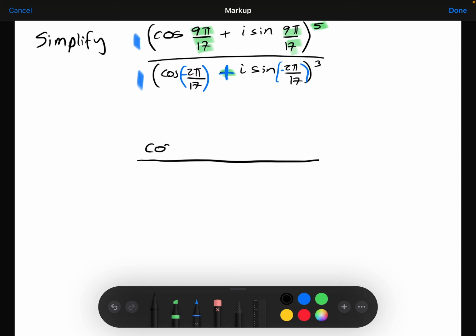So that would give me cos of 45 pi over 17. So I'm just timesing the arguments by 5 using de Moivre's theorem. On the denominator, I'm timesing my arguments by 3. So minus 2 pi over 17 times 3 is going to give minus 6 pi over 17.